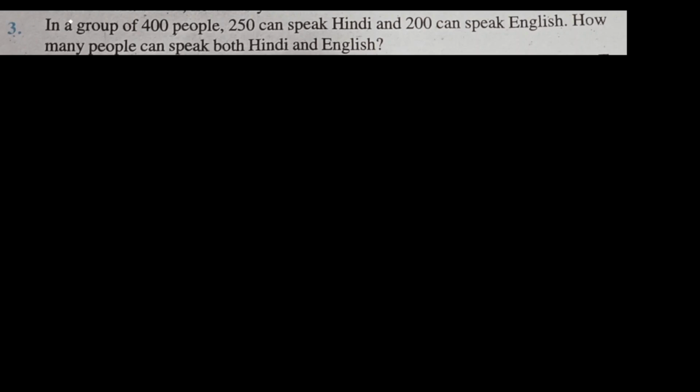Okay, so here what is given: in a group of 400 people, 250 can speak Hindi. So the number of people who can speak Hindi, I am writing it as N of H, is 250, and 200 can speak English. The number of people who can speak English, N of E, is 200.